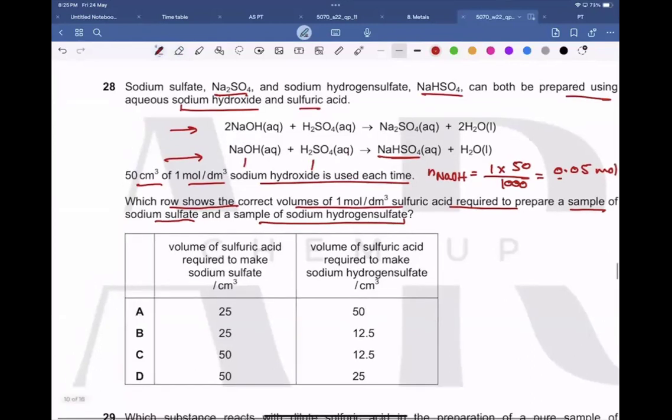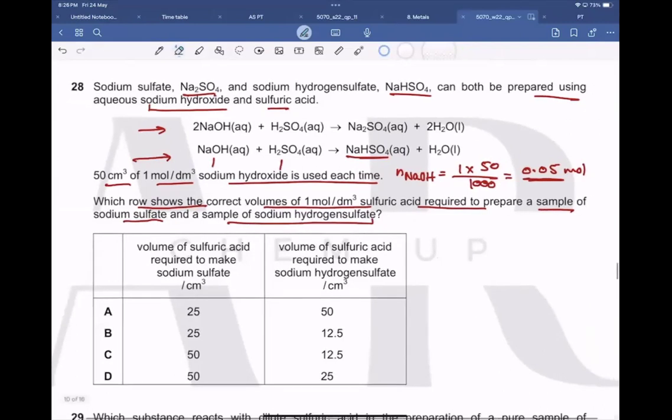So it means the same moles of sulfuric acid would be needed, and if the moles are the same, then the volume must be the same. So this is the correct one, right?